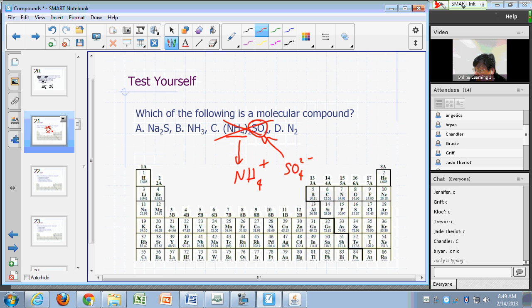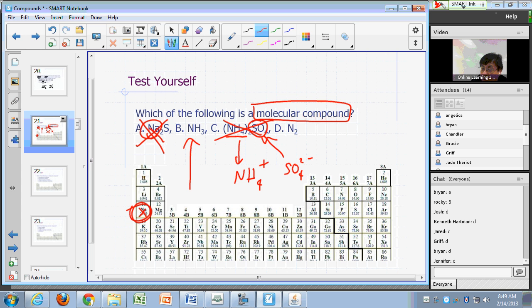So how can you tell if it's ionic? You look for a metal or you look for NH4. So A is ionic, right? It's a metal right there, sodium. So that's ionic. We're looking for a molecular compound. So it's not A either. Okay, so B and D are both molecular, right?